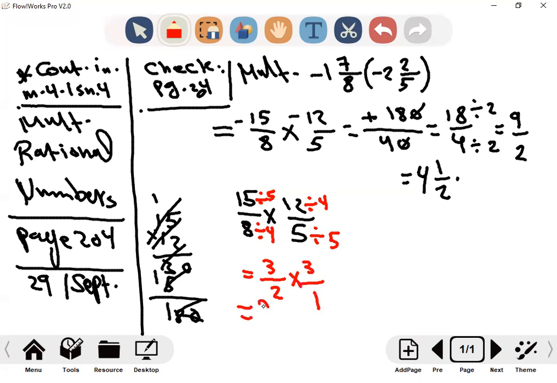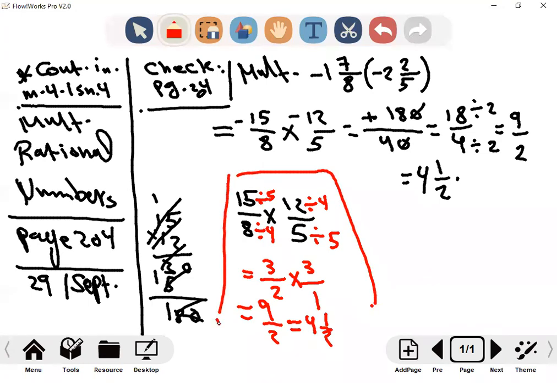It will be 9 over 2, which is the same as there, which is 4 and a half also. So you can use this or use this one. Yeah, 4 and a half. You can multiply then simplify, or simplify then multiply. Got it? Yes.